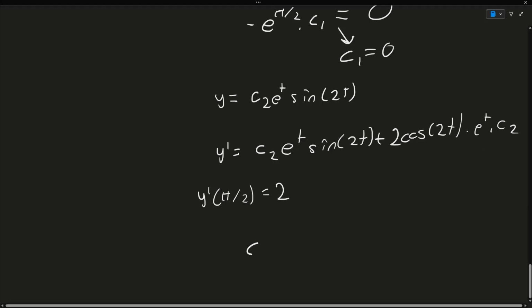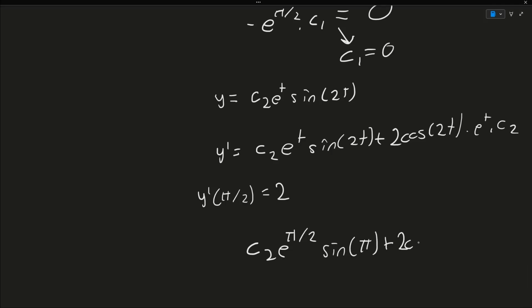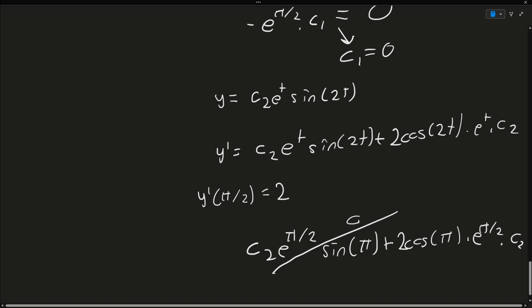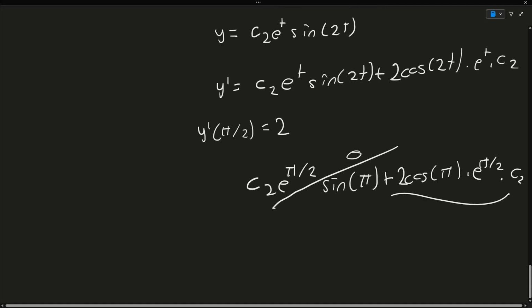So let's just do it. c2 e to the pi over 2 sine of pi plus 2 cosine of pi times e to the pi over 2 times c2. Now sine of pi is 0. That's what I was trying to say a little while ago, and we only have this term.